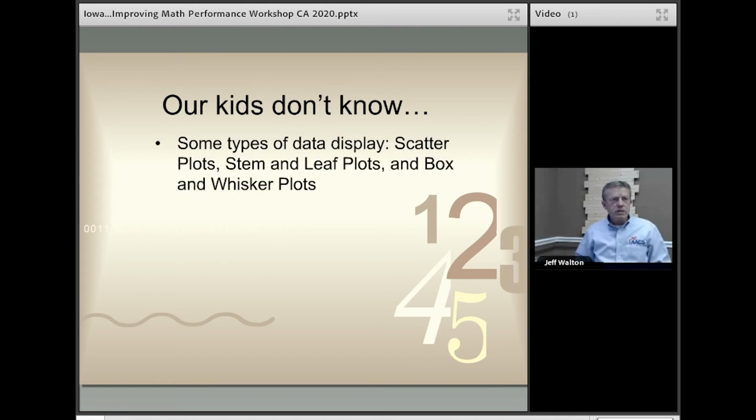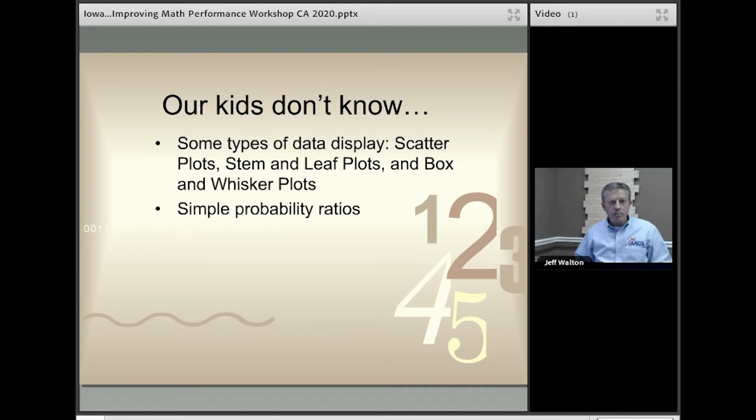The first is some types of data display: scatter plots, stem and leaf plots, and box and whisker plots. If those don't sound familiar to you, your school is probably in the list of schools where some improvement could be made on the student experience that would be reflected in improved test scores.